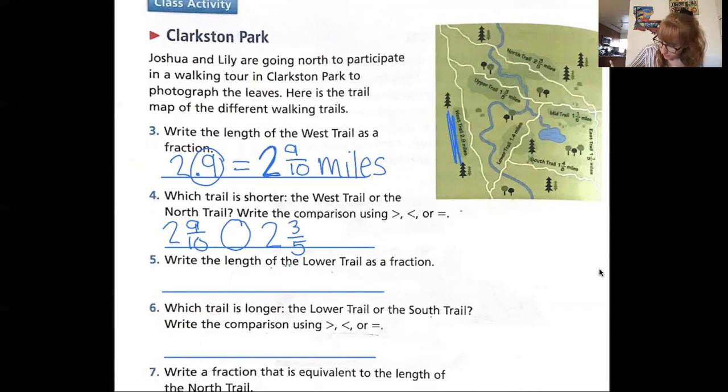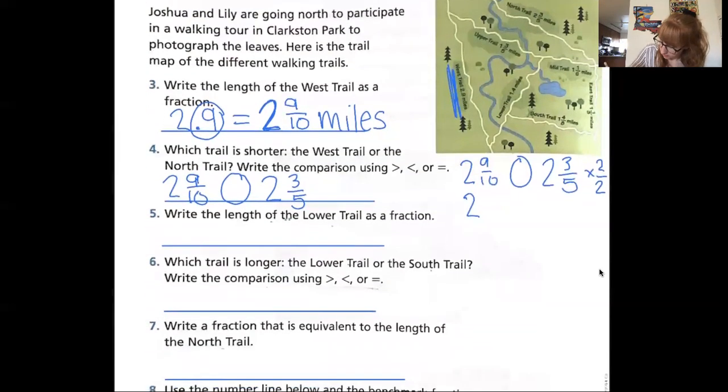So over here on the side, I'm going to write both fractions, 2 9/10 compared to 2 3/5. And I'm going to change my fifths into tenths so that I can more easily compare these fractions. 2 9/10 stays the same, and 2 3/5 becomes 2 6/10.